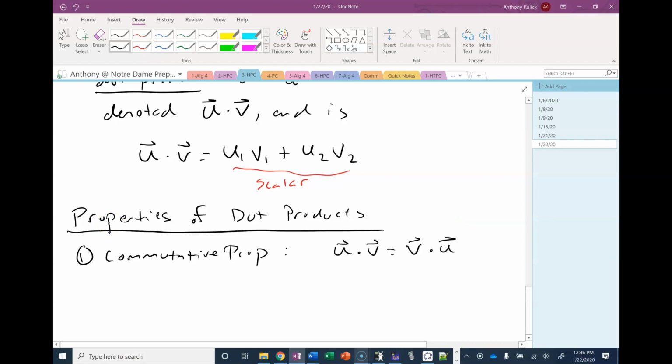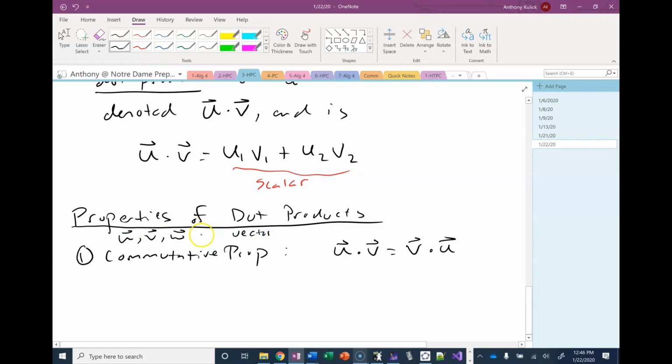Oh, maybe we should say what these things are. So u, v, and w are vectors, and k is just some real number.